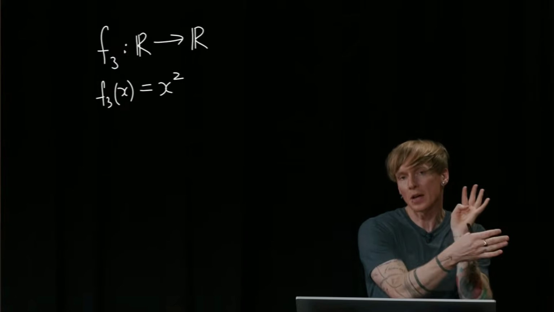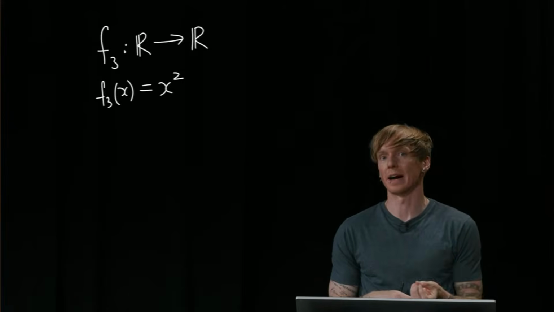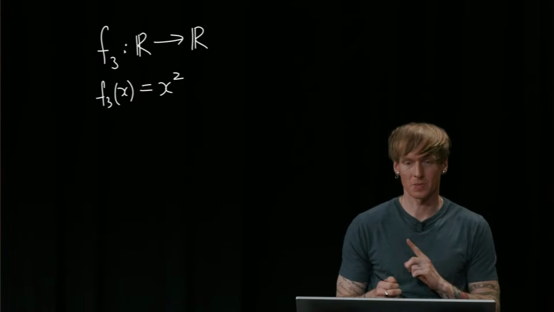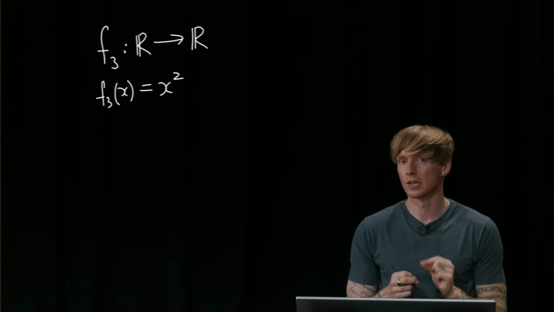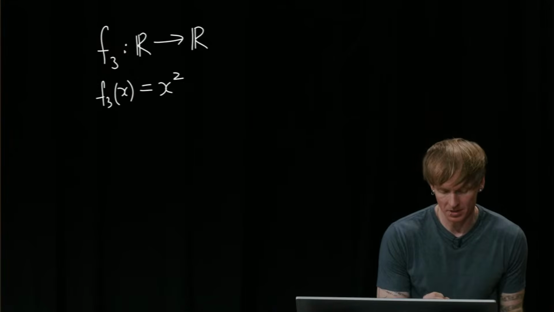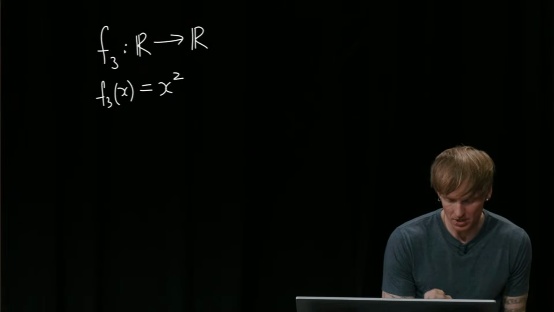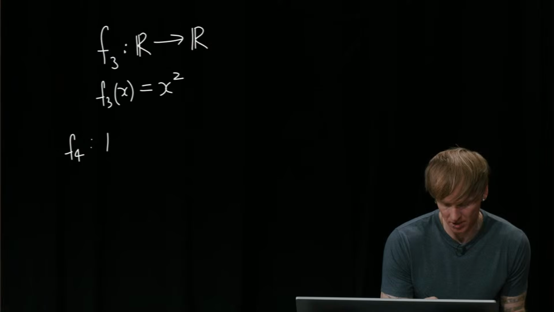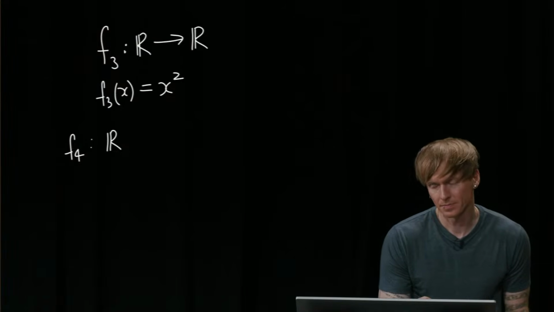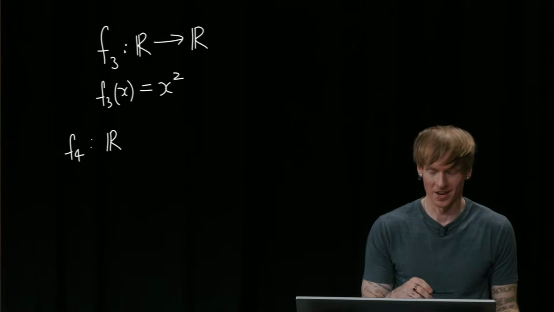It could have come from the positive or the negative value, so it doesn't work. So what we have to do to fix this is make sure it is both one-to-one and surjective. If we want to make it one-to-one, let's call this f4.